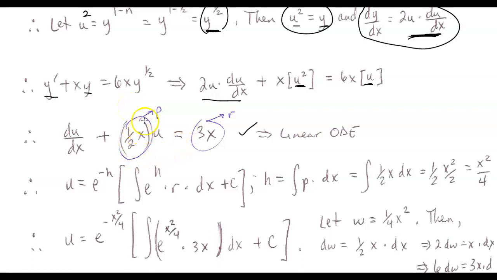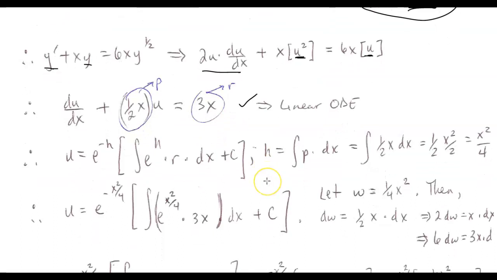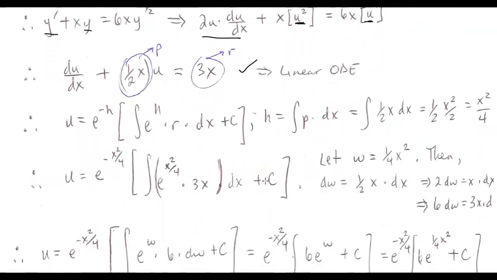And we identified our p as being 1/2 x and our r as being 3x. And then from here, we use the formula that I've been using to solve first order linear ODEs. Of course, this is the formula. We know h is just the integral of p dx.